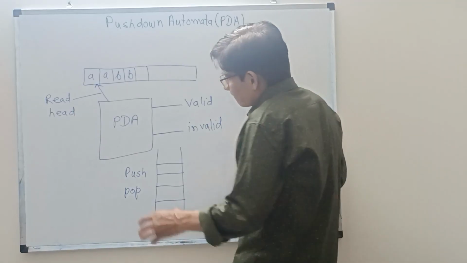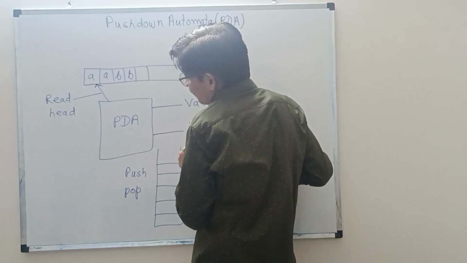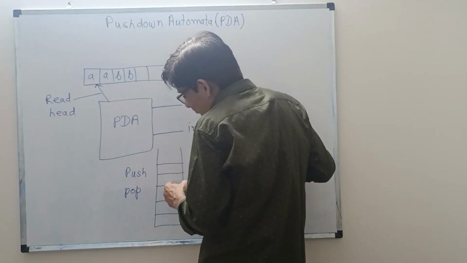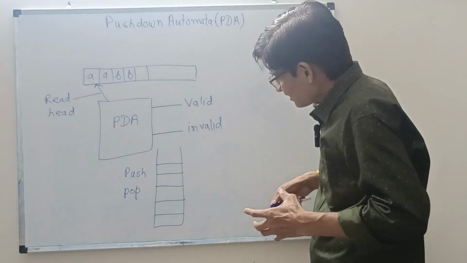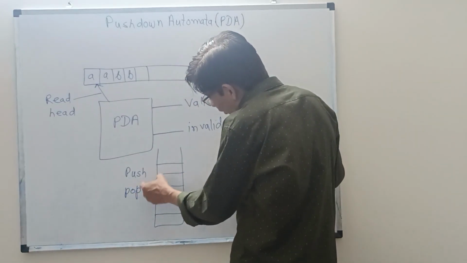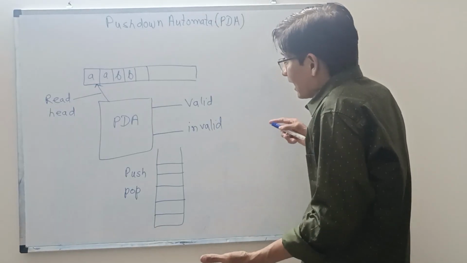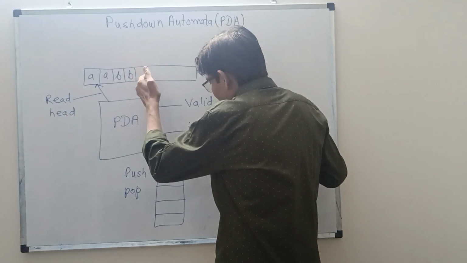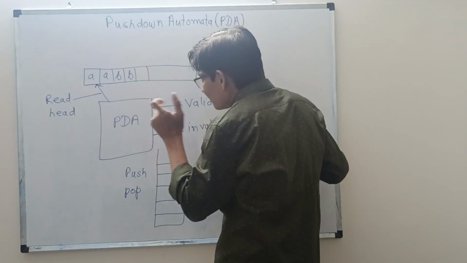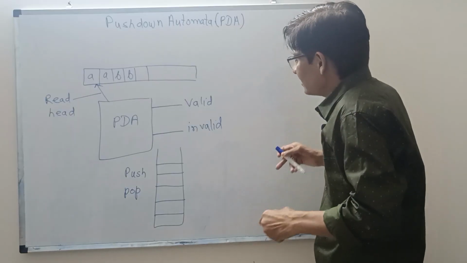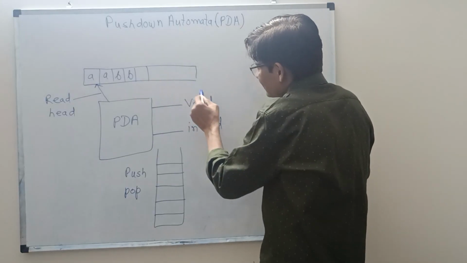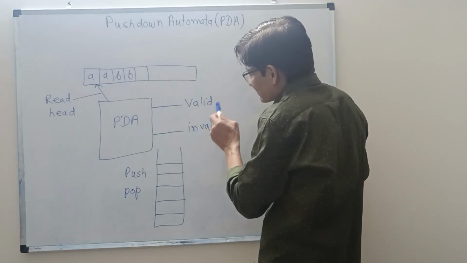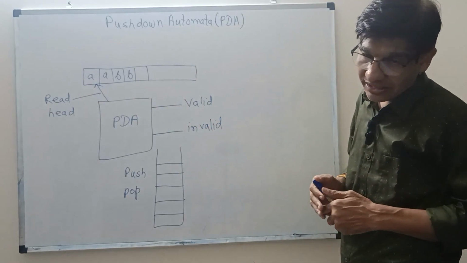And after reading the complete string, if the PDA is in one of the final states, then this particular string is considered a valid string of the language. Otherwise, it is considered an invalid string of the language.